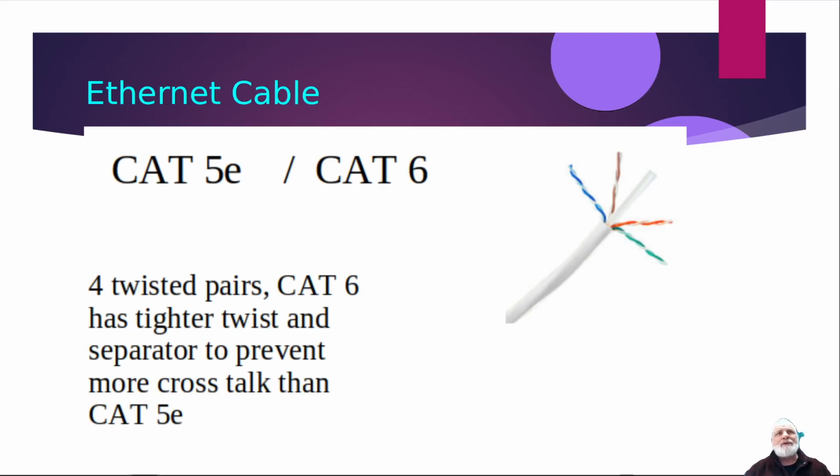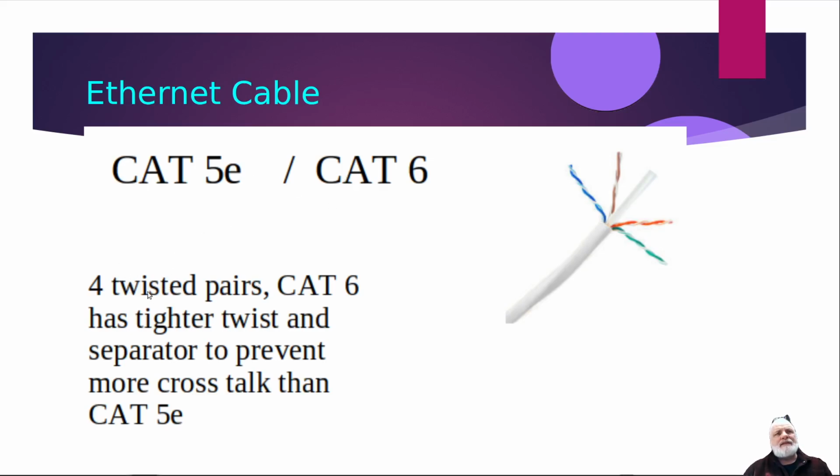A cable just means that it has more than one conductor inside of the main insulation. The common types for Ethernet are, at the low end, the Cat5e, and the next step up is Cat6, and there are actually even some higher ones than that now.